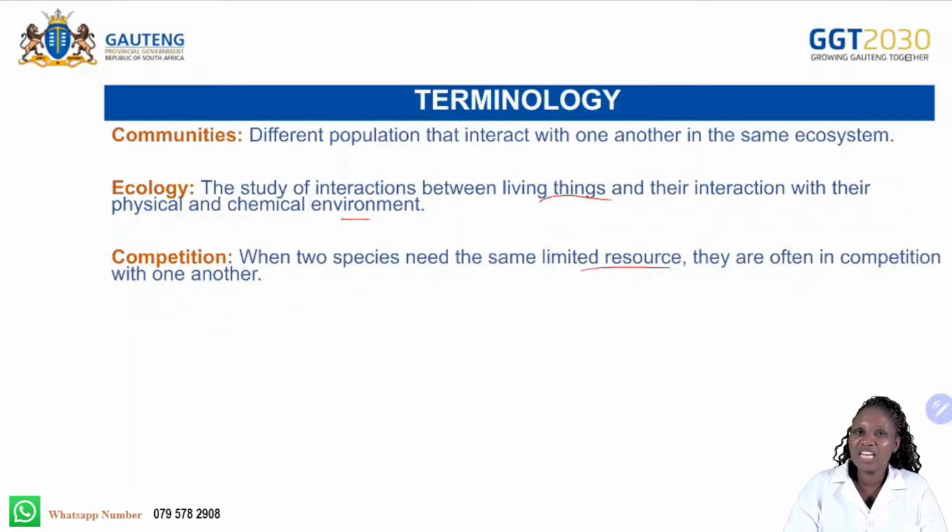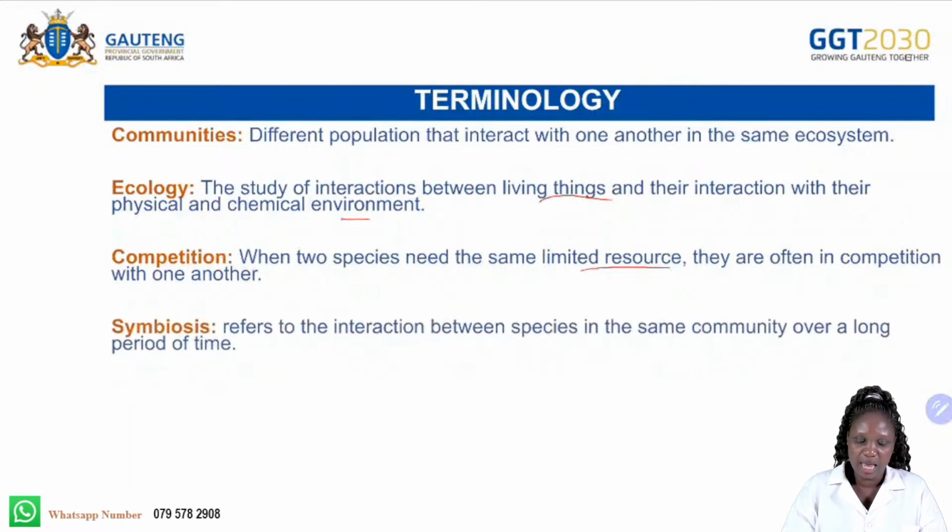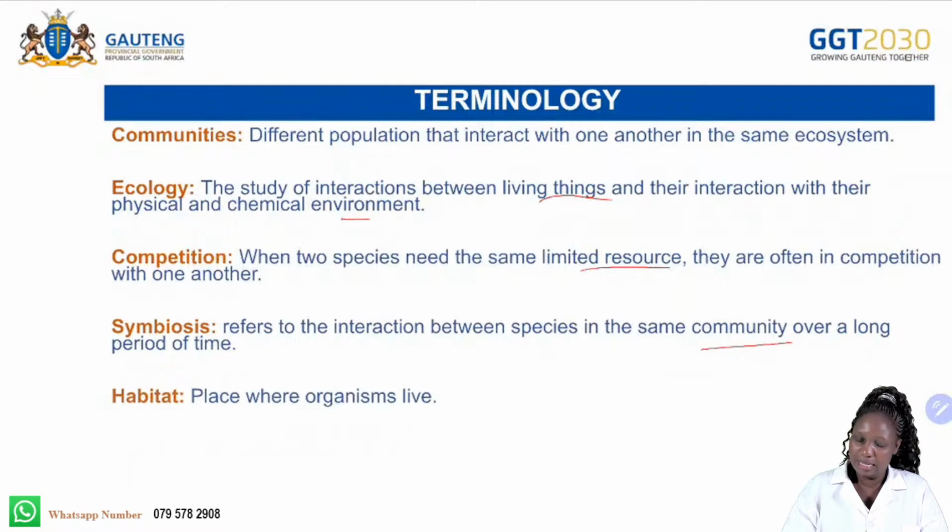They are often in competition with each other, right? That is competition. And then what about symbiosis? It refers to the interaction between species in the same community and over a long period of time. And then habitats. This is the place where organisms live. That's a habitat.